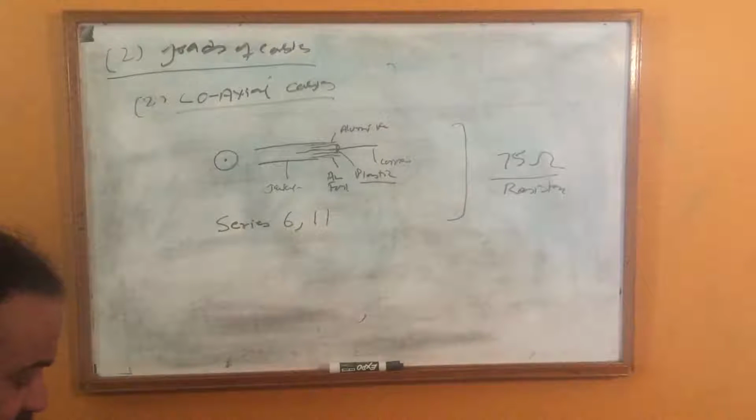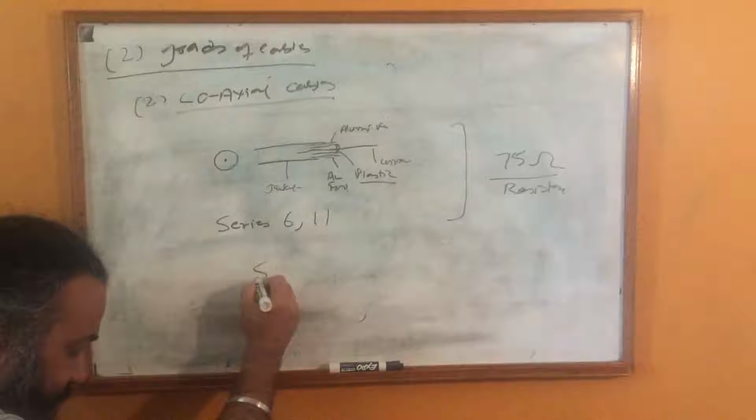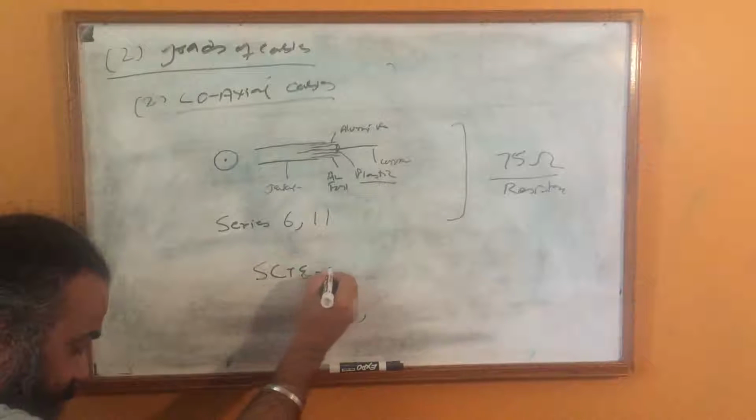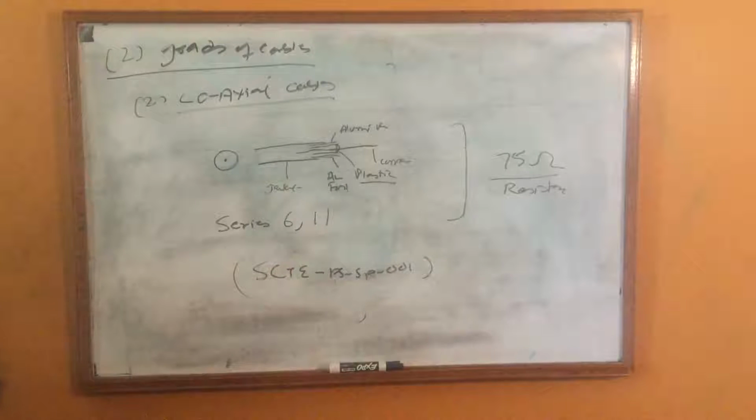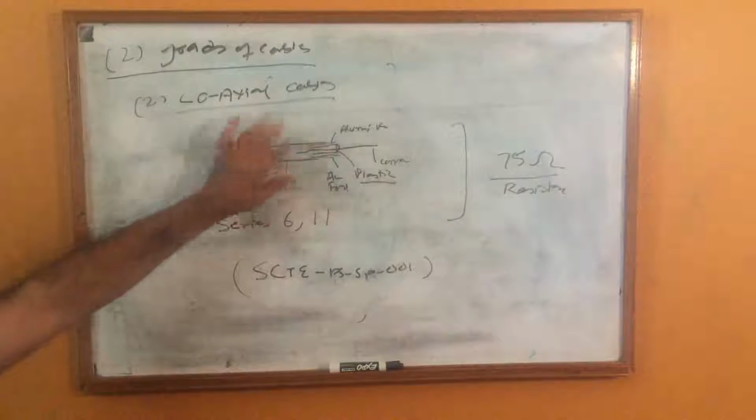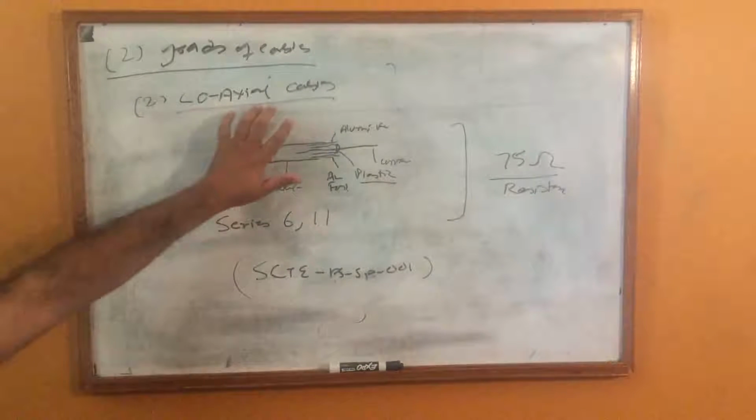So again, coax cable, 75 ohms. They are covered under a standard. I don't know if it is really important, but SCTE PSSP001 is the standard. No need to remember, but this is the standard it is covered under. What else? We will talk about the termination of these cables later on, but what you need to remember right now is that this is one of the cabling media.